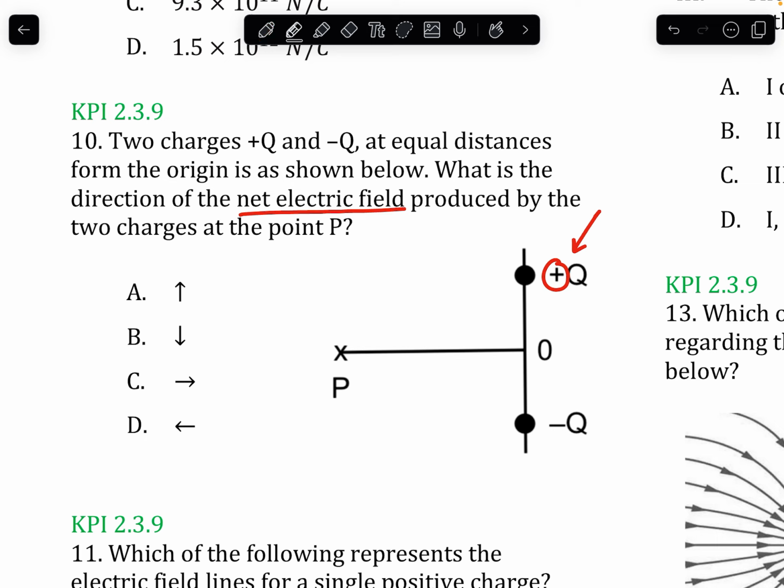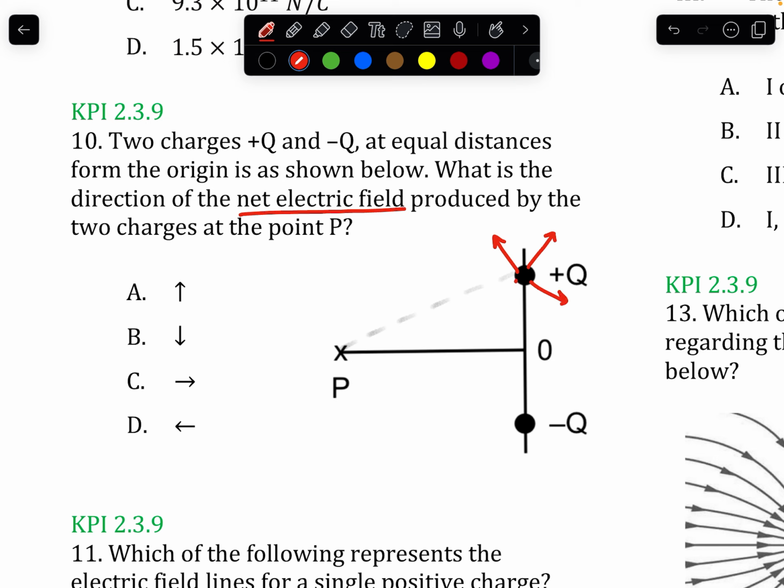So along this line, this charge will only produce an outward field. Especially here, it will produce an outward field.